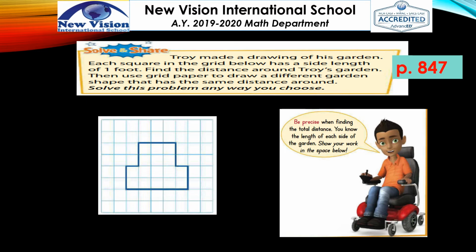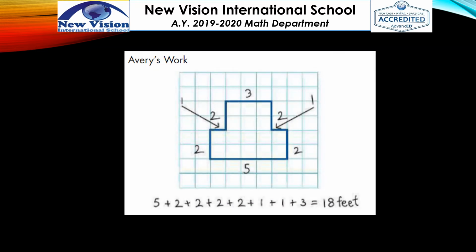Okay, done? Now let's take a look at Avery's work. First, Avery counted the sides of the garden. There are 8 sides. Then she counted and recorded the unit segments on each side of the garden. Since the garden has 8 sides, she made sure to check that she had recorded 8 lengths.